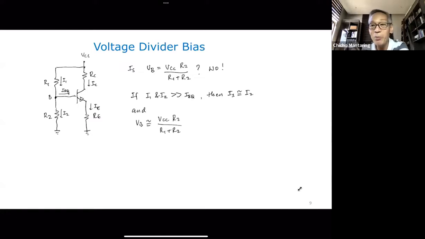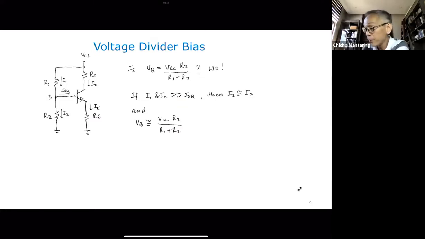So dapat hindi sumama yung nagsabing yes, because there's a situation where you can approximately use this formula, and that's when I1 and I2 are very much greater than IBQ.